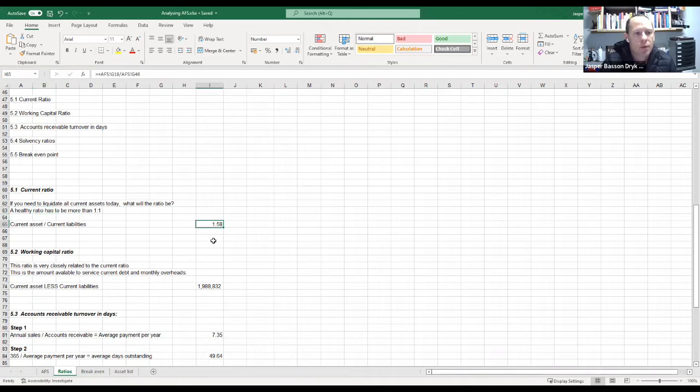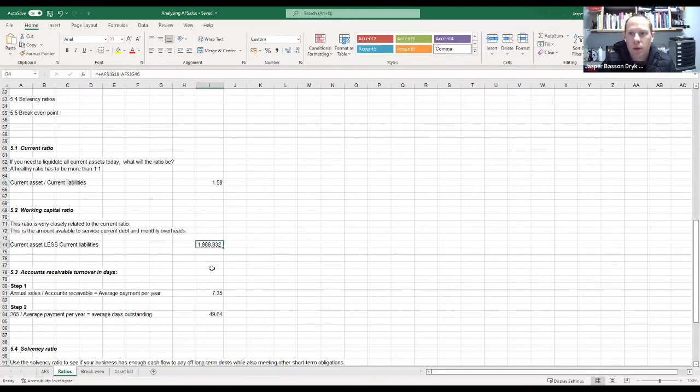So in this case, I divided the current assets by the current liabilities and got 1.58, which means the company has 1.58 times more current assets than current liabilities. So that's positive. You want it to be closer to 2, maybe 2.5. That would be great, because then you have double as much current assets as current liabilities, so my working capital would be positive and would be great.